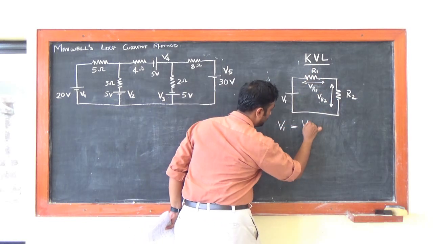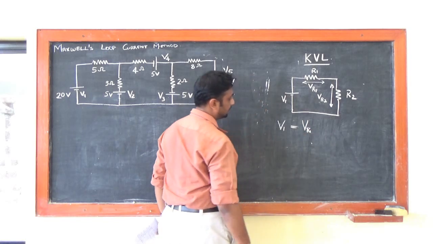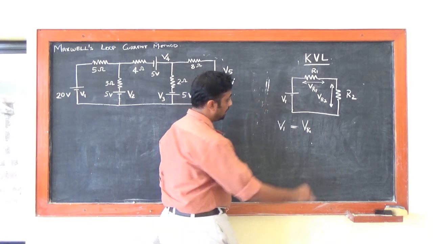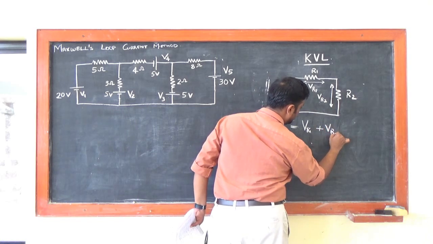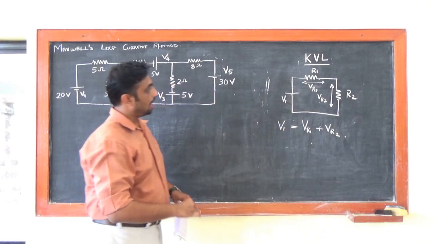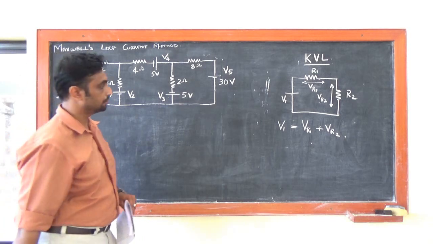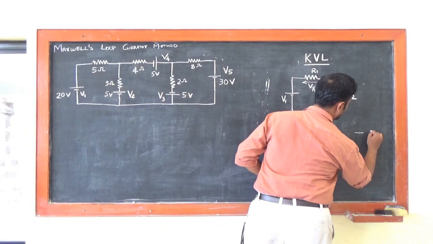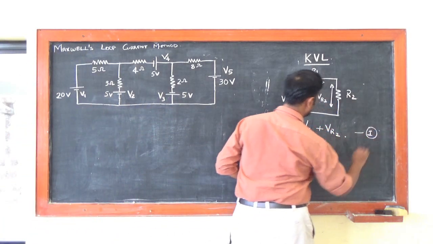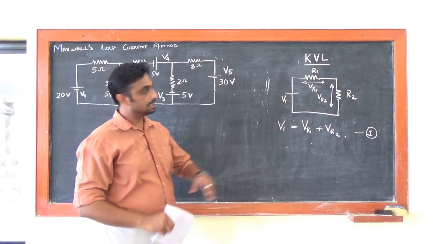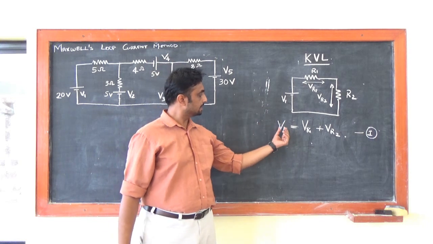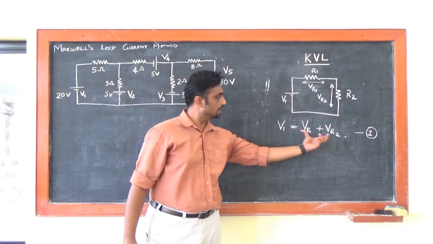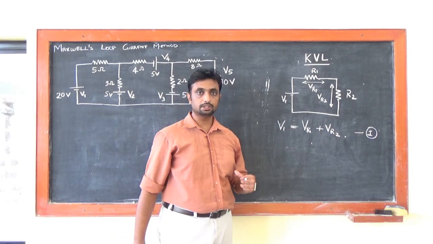So we have the voltage drop in R1 represented as VR1, and the voltage drop in R2 represented as VR2. So this is our equation. This is known as Kirchhoff's voltage law, which states that the sum of voltage sources is equal to the sum of voltage drops.